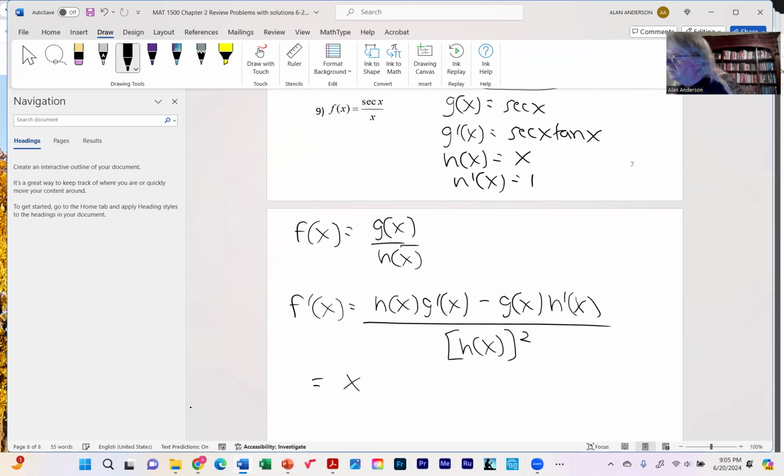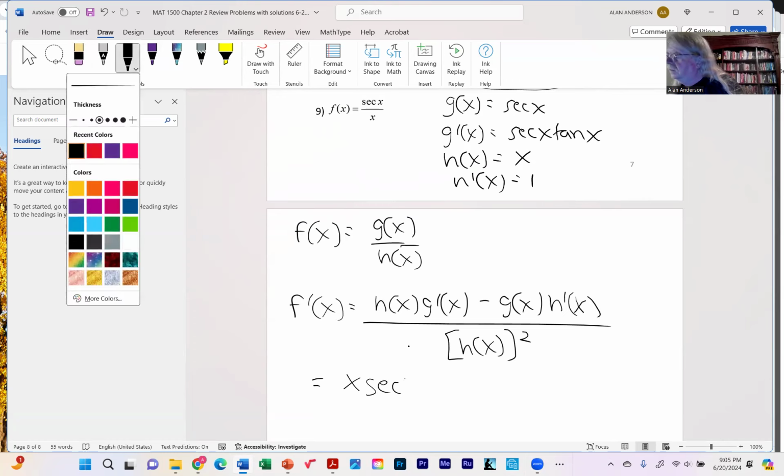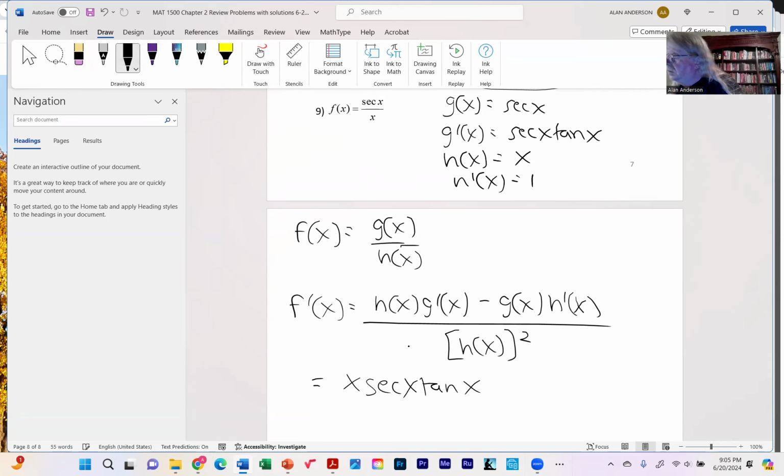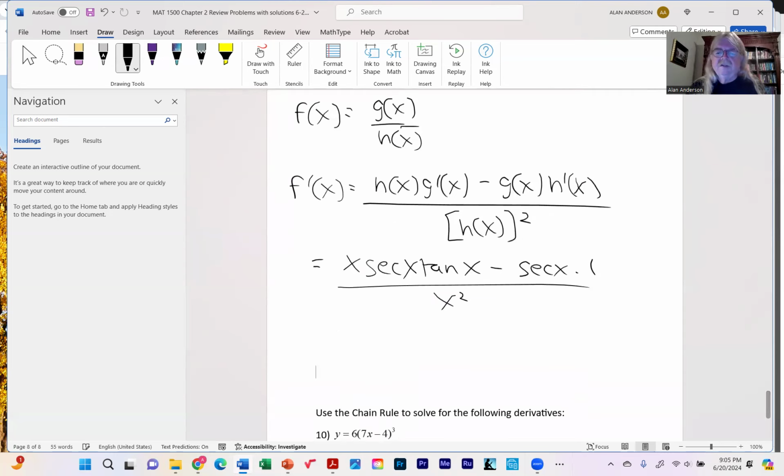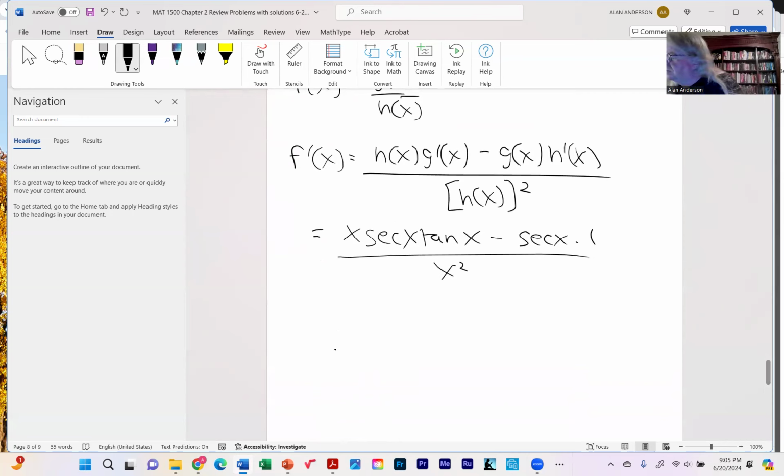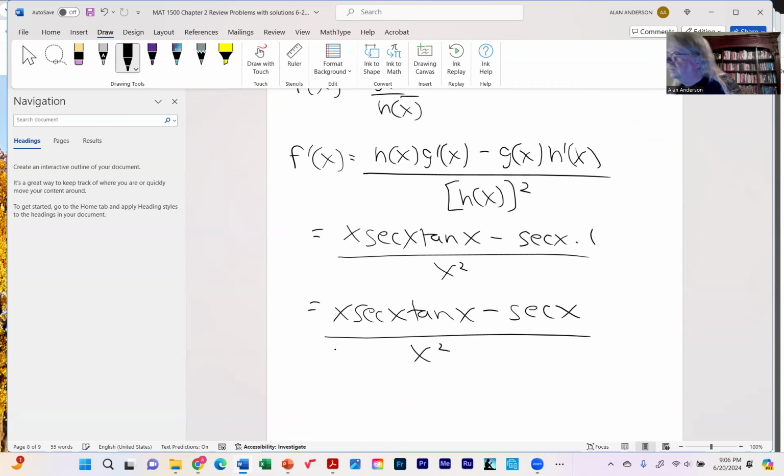Well, x secant x tan x minus secant x times 1 over x squared. You can simplify it a little bit just by rewriting it as x secant x tangent x minus secant x, and that's it.